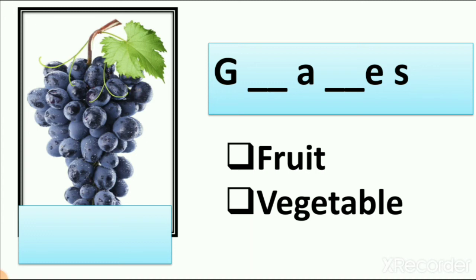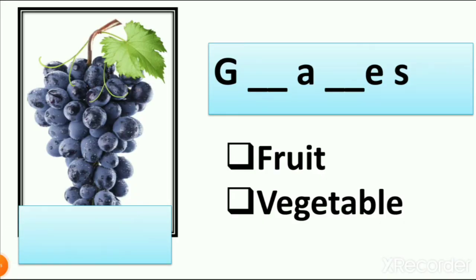We learn about this in lesson number 4, that it is a climber. We also learned that it is very high up, that's why the fox could not get these grapes. These grapes are available in two colors, green and black. Here are black grapes.